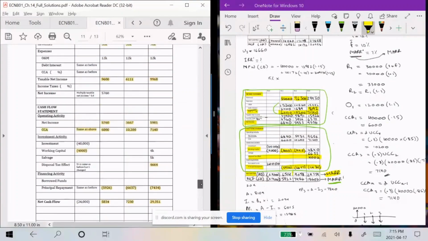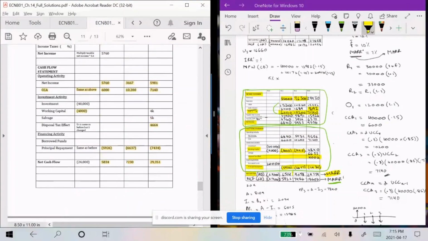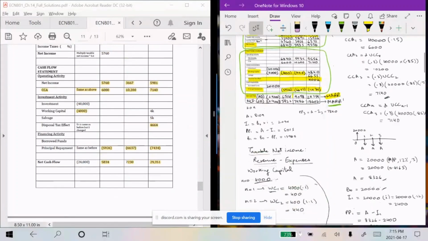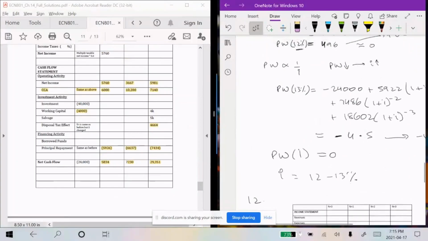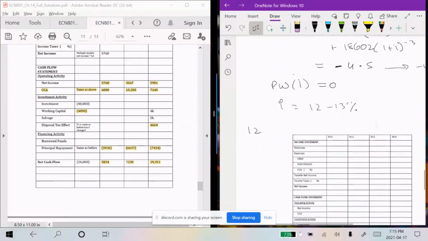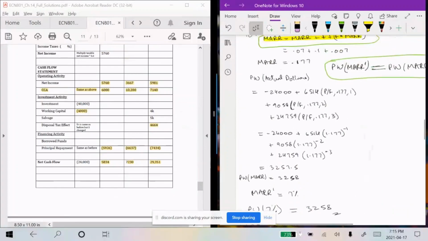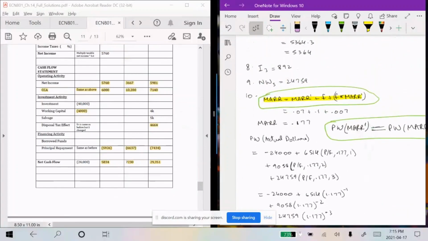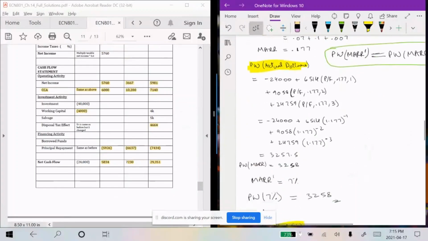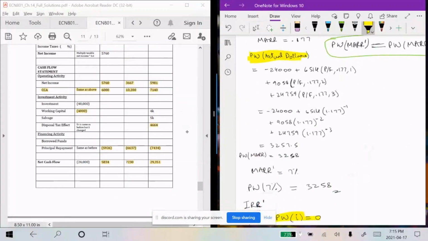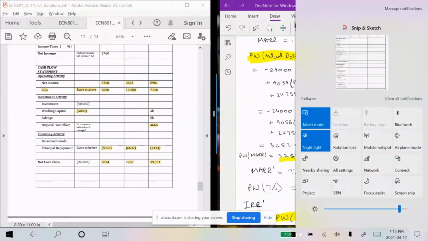So the present worth that we calculated here using the MARR of 7%, that's going to change. You need to do this calculation again to get a separate present worth. Here you got 3258. With no inflation, you're going to get a separate present worth.